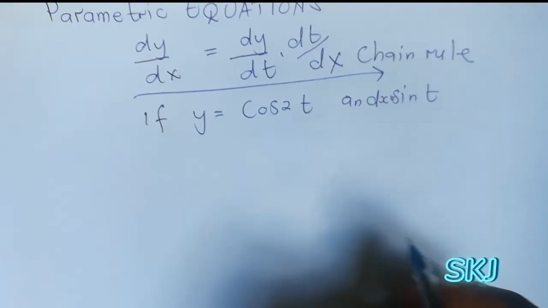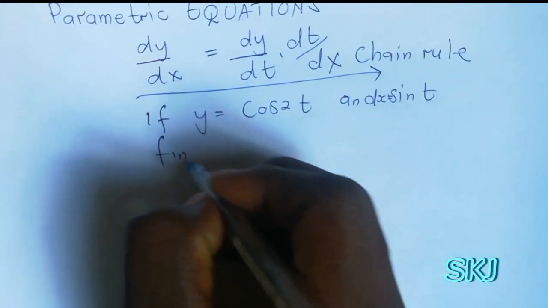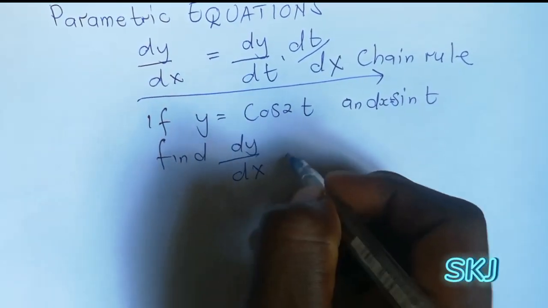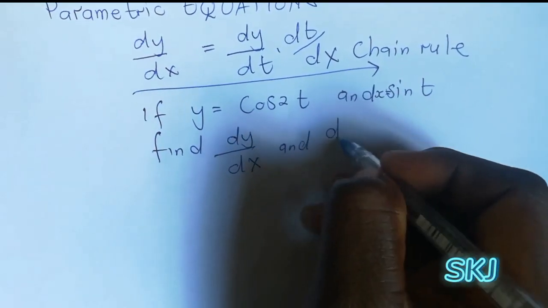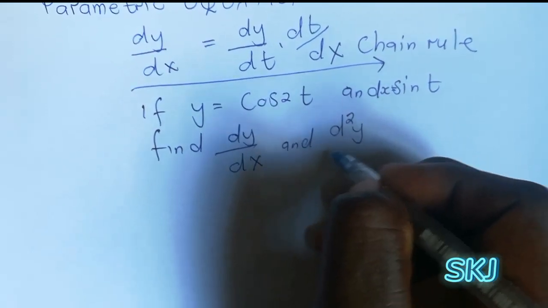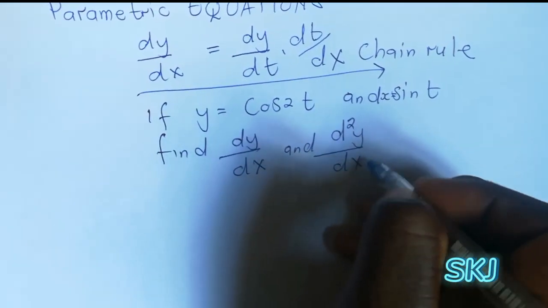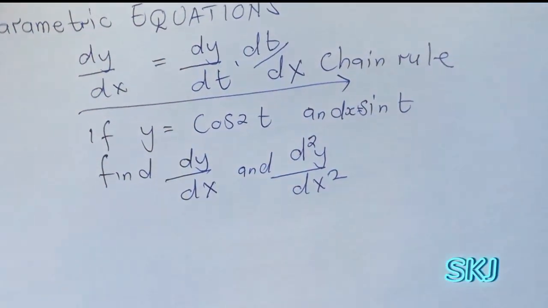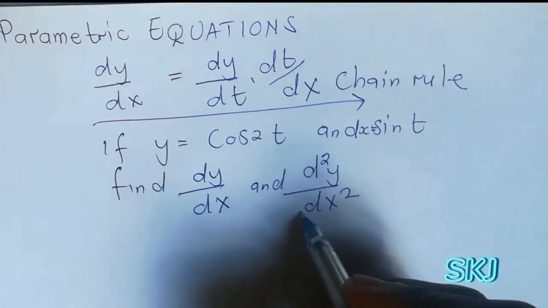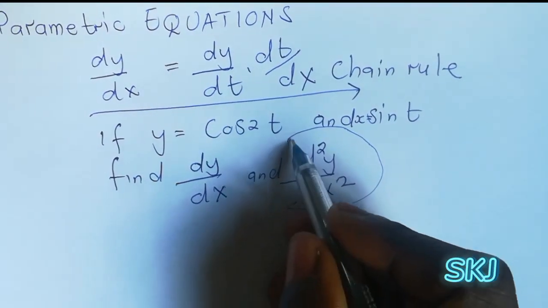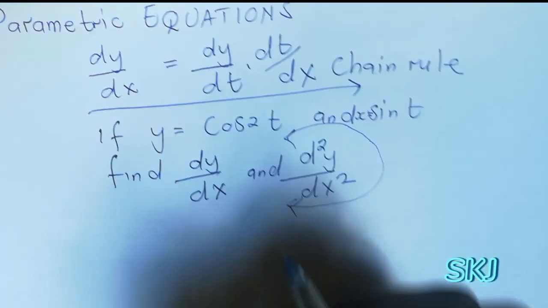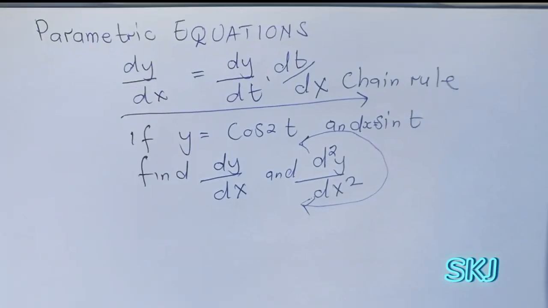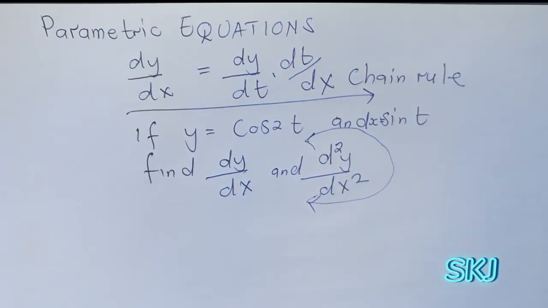Someone may ask you to find dy/dx and the second derivative. I know in most cases people find challenge here, but today we are going to overcome that challenge in the name of Jesus Christ.